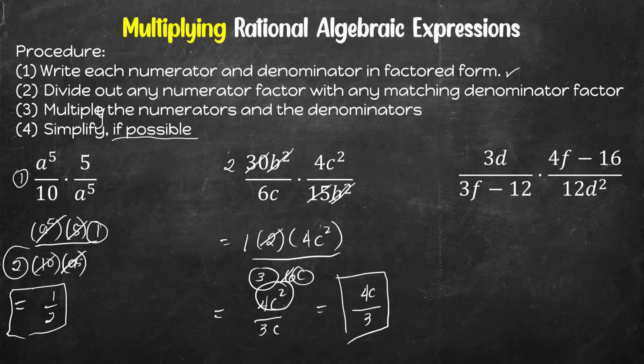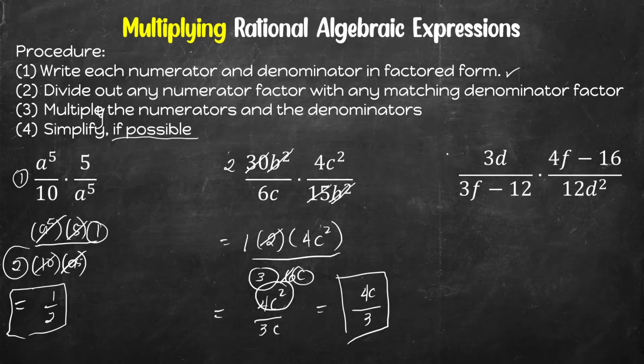Another example, 3d over 3f minus 12 times 4f minus 16 divided by 12d squared. So, dito, wala tayong obvious na pwedeng i-cancel unless ka-cancel na natin si 3d at si 4d squared. Pwede naman. Pwede na tayong mag-cancel sa part na yan.